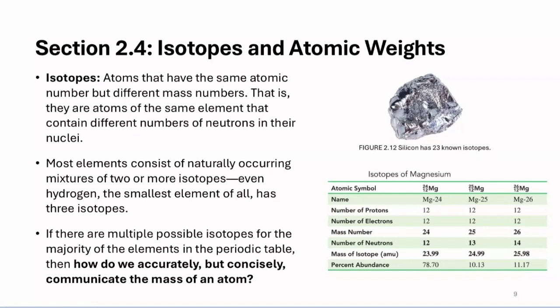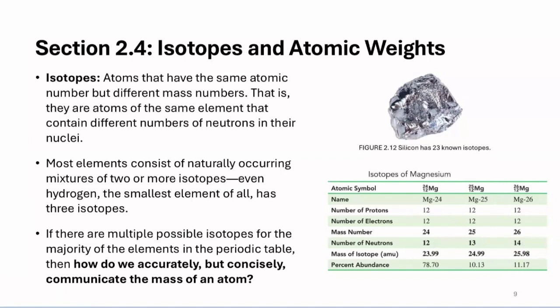For the atomic symbol of each magnesium isotope, we can observe that all of these isotopes have the same number of protons, meaning 12, because they all refer to magnesium. The only difference between magnesium 24, magnesium 25, and magnesium 26 is the number of neutrons present in those isotopes.